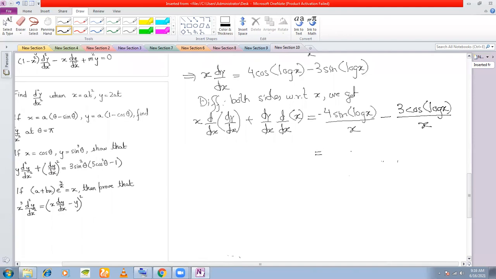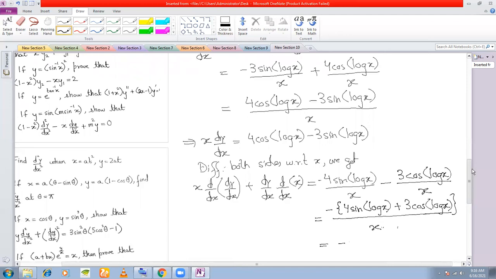So now again you take the LCM and you take minus out. You get 4 sine log x plus 3 cos log x. So you get here minus, what are you getting here? See, 3 sine log x plus 3 cos log x.